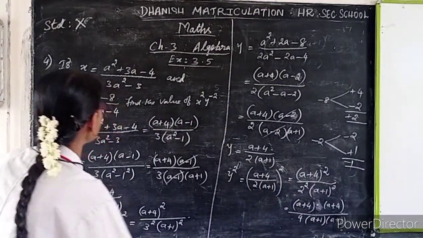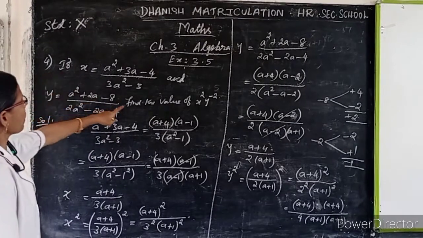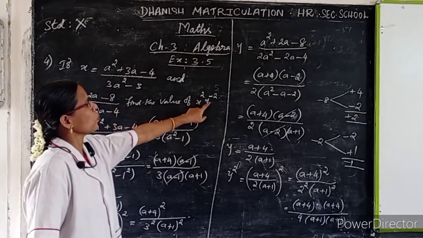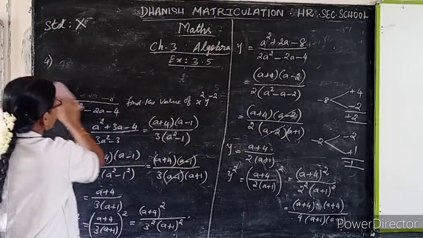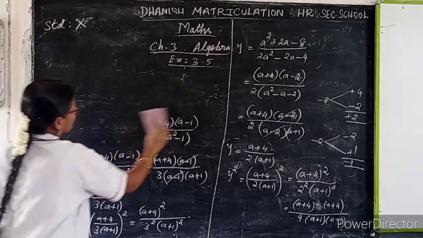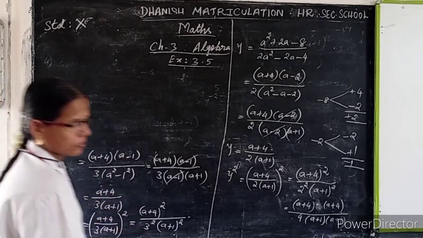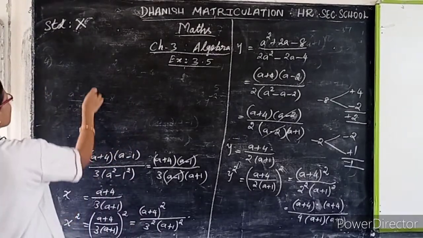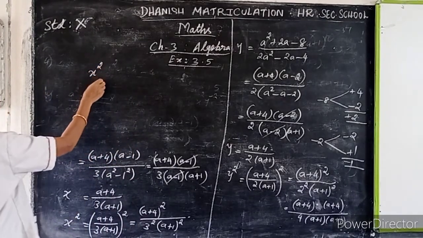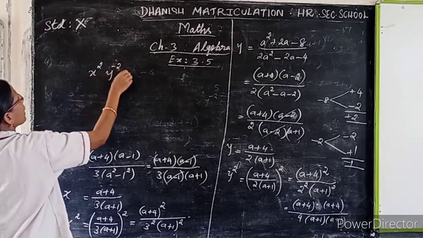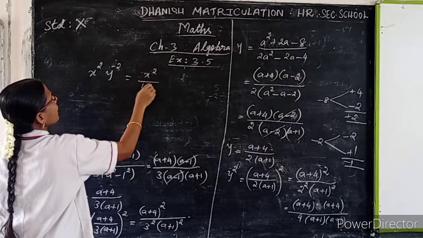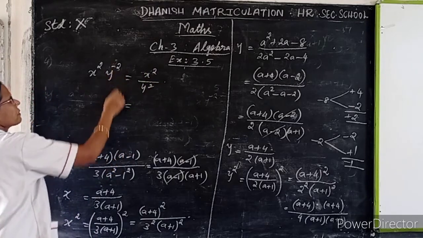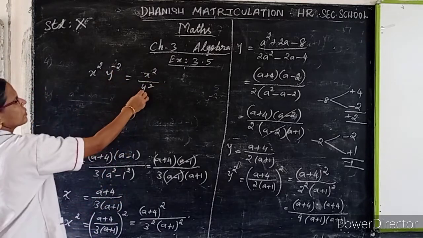Now our question is to find the value of x square into y power minus 2. x square into y power minus 2 can be written as x square by y square. Minus power means that it goes to the denominator.